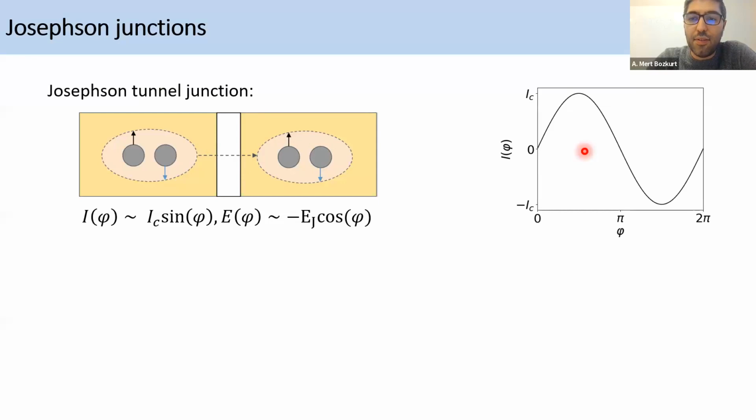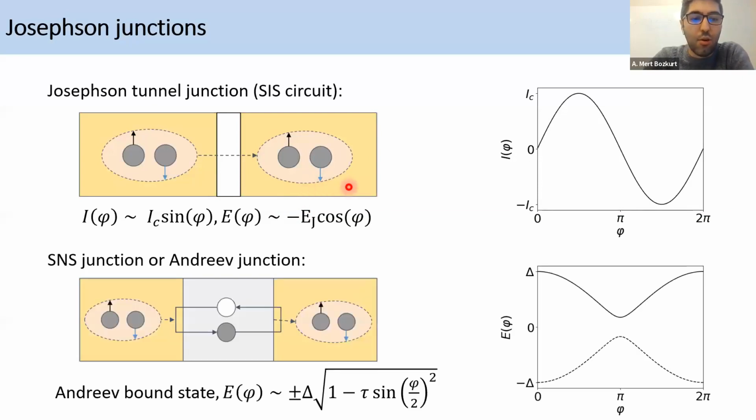The current phase relation of such a tunnel junction, where you apply a phase bias between two superconductors, so that a supercurrent flows in the system, is sinusoidal, and its energy phase relation is a cosine-like dispersion.